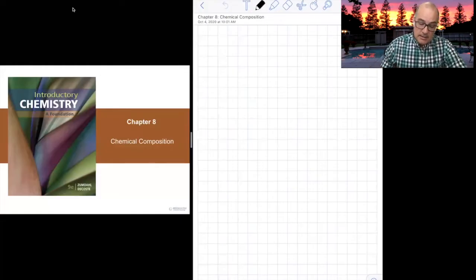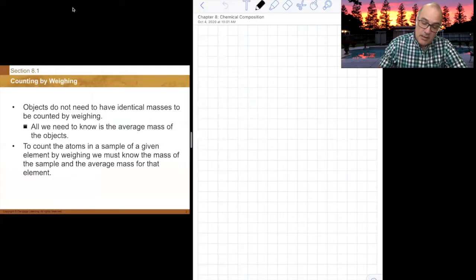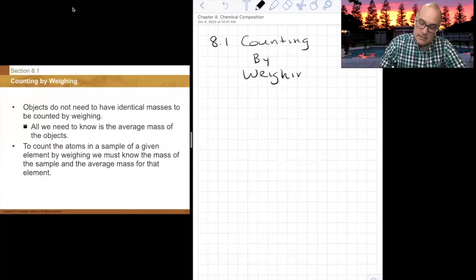So let's start by talking about counting by weighing. We have to do this with very small things, right? Think about fruit, one of my favorite things, nails.